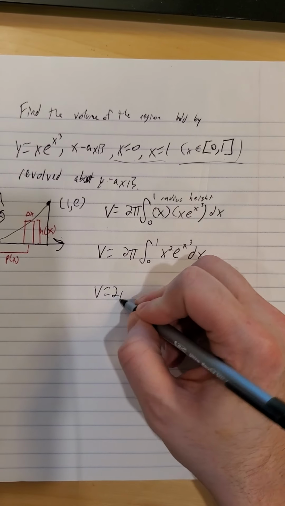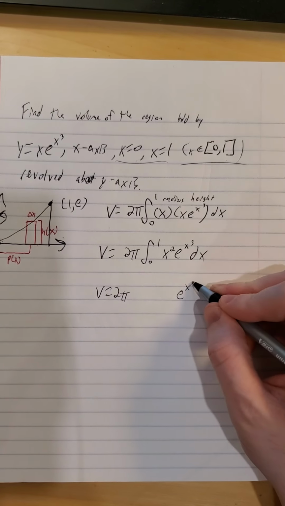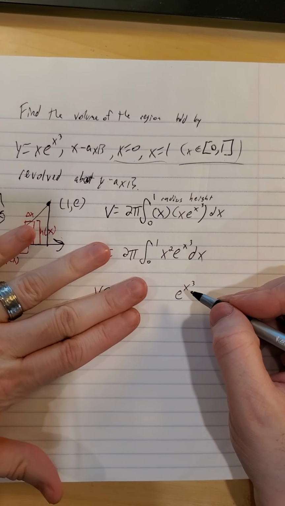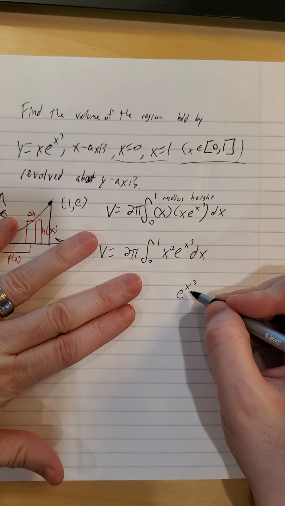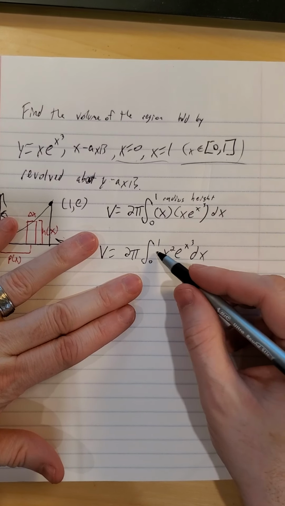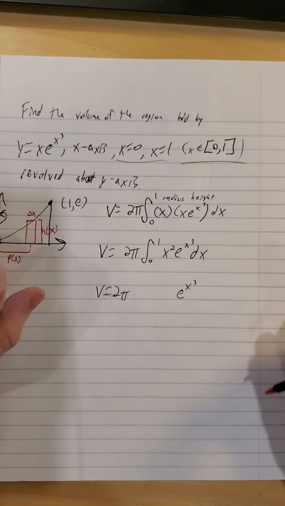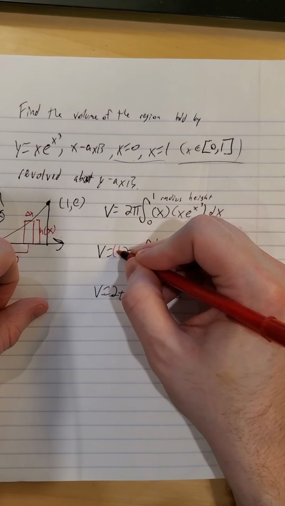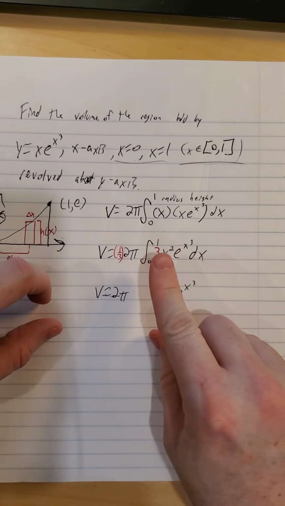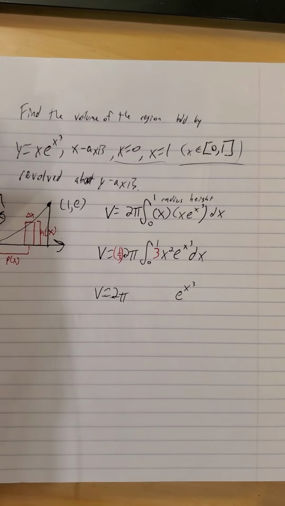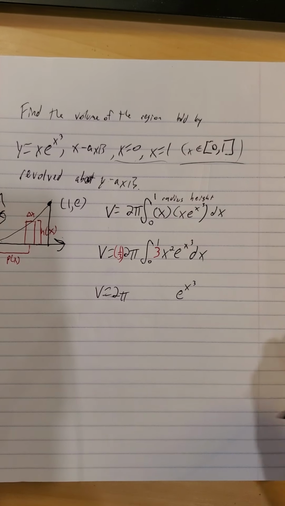So let's bring the rest of the stuff along. Differentiate this part, again ignoring the 2 pi for a minute. Derivative would be e to the x cubed times 3x squared. I see the x squared, I don't see the 3. So we multiply by 1. Multiply by 3 here and 1/3 there. Cancels out, it leads us to a 1.